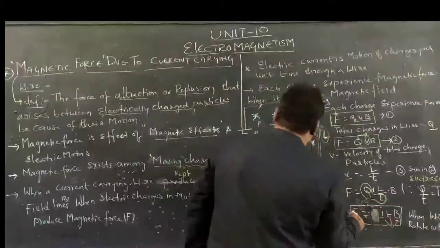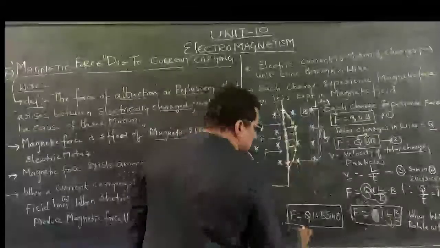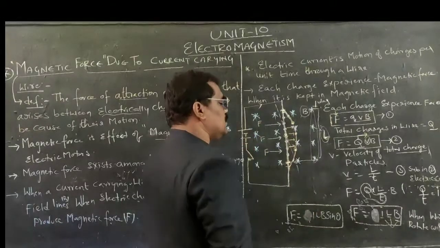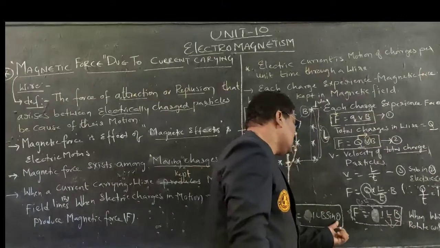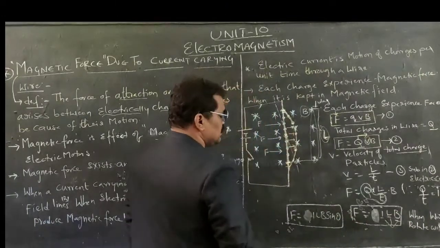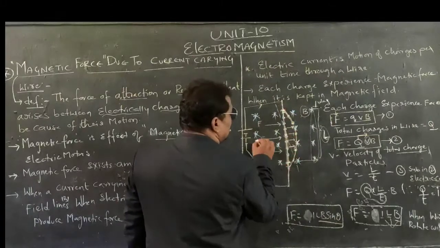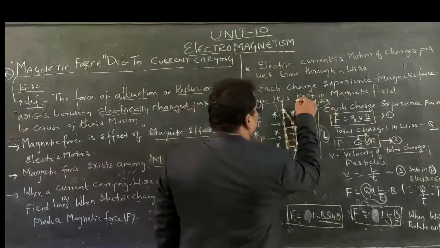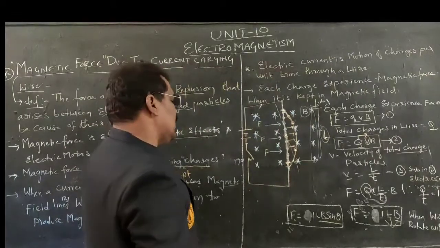Therefore, if this wire is rotated at an angle theta from the axis, then F = ILB sin theta. This is the formula; when the wire is placed exactly perpendicular to the magnetic field, theta is 90 degrees.